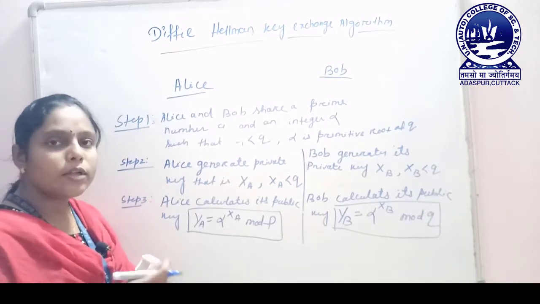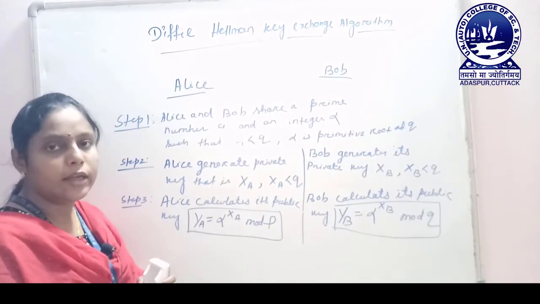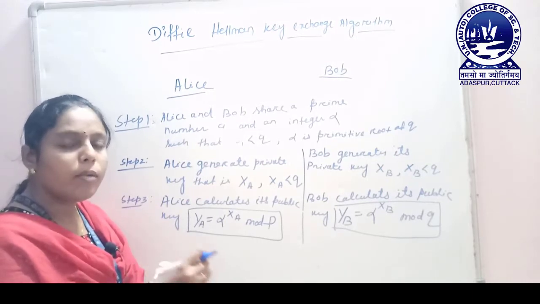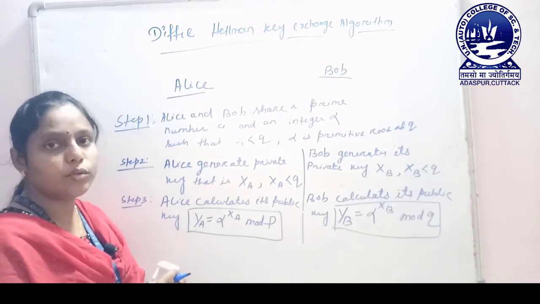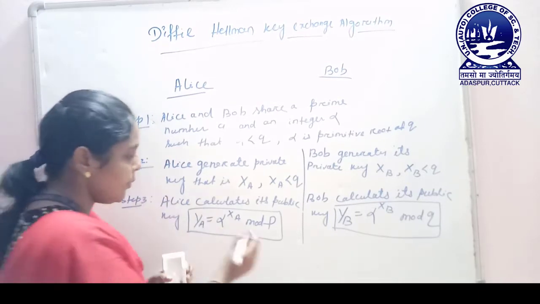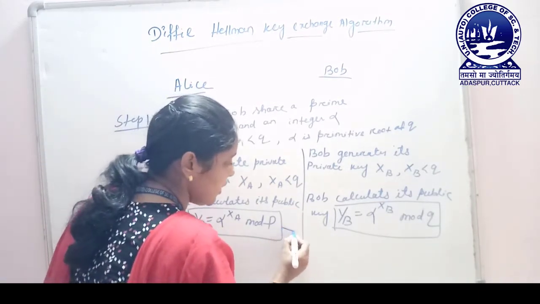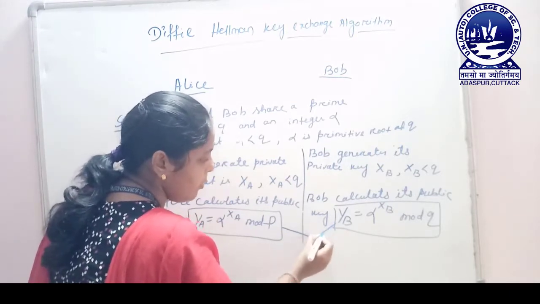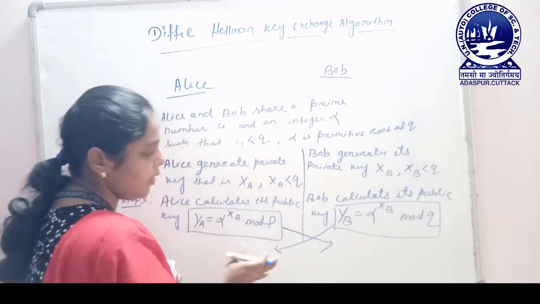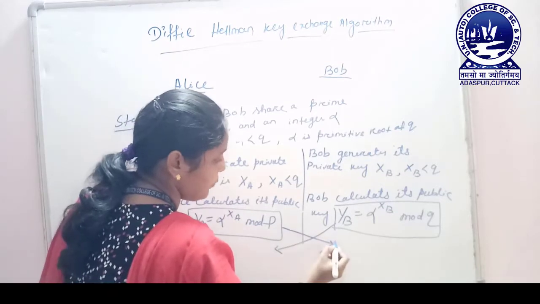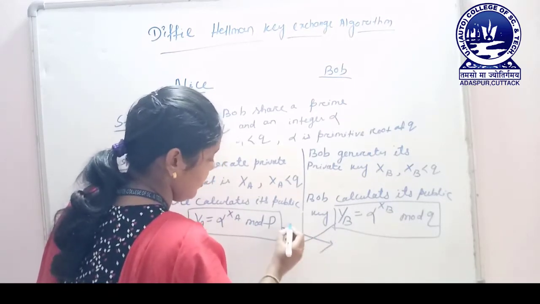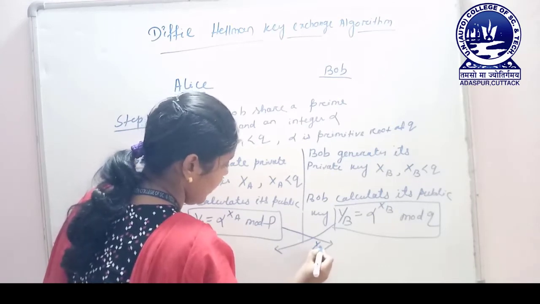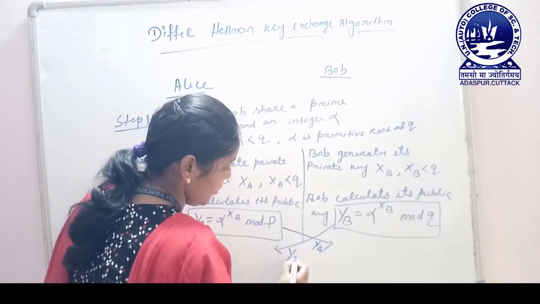Now, after generating the public keys, Alice sends its public key to Bob, and Bob also sends its public key to Alice. Here this is YA, and here this is YB.